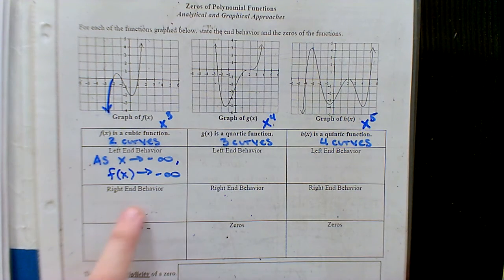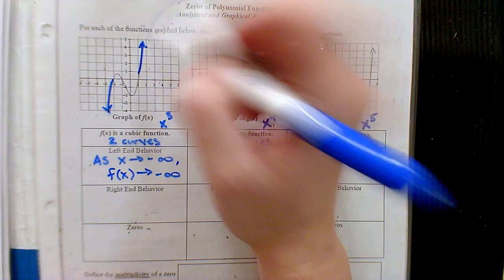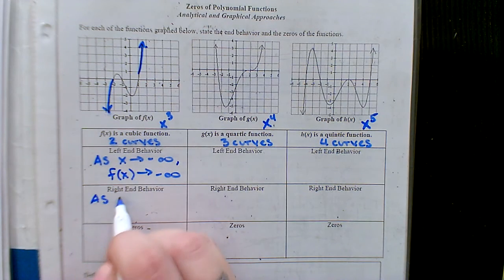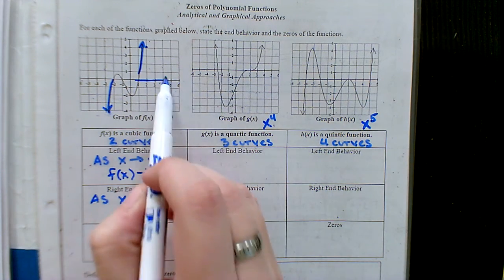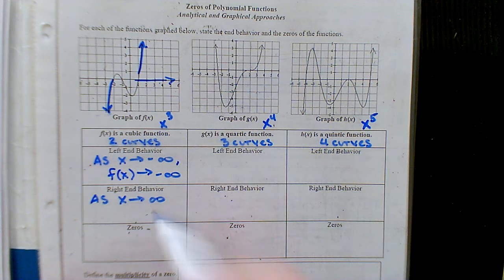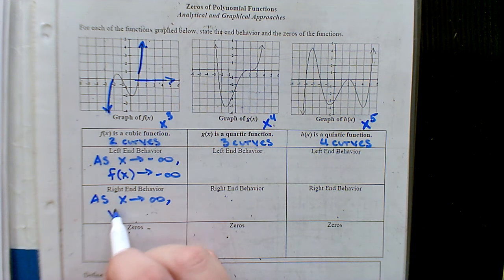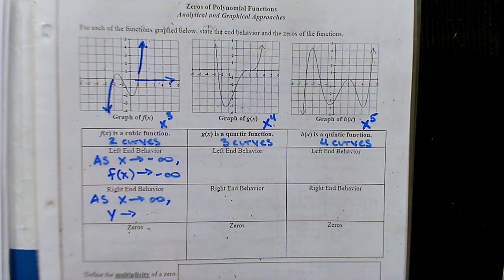Okay, let's try to write a similar statement for the right end behavior. So if you were to trace the graph to the right, the x values are getting larger, because you're traveling to the right. So what are the y values, or f of x values, whatever variable you want to say, doing?